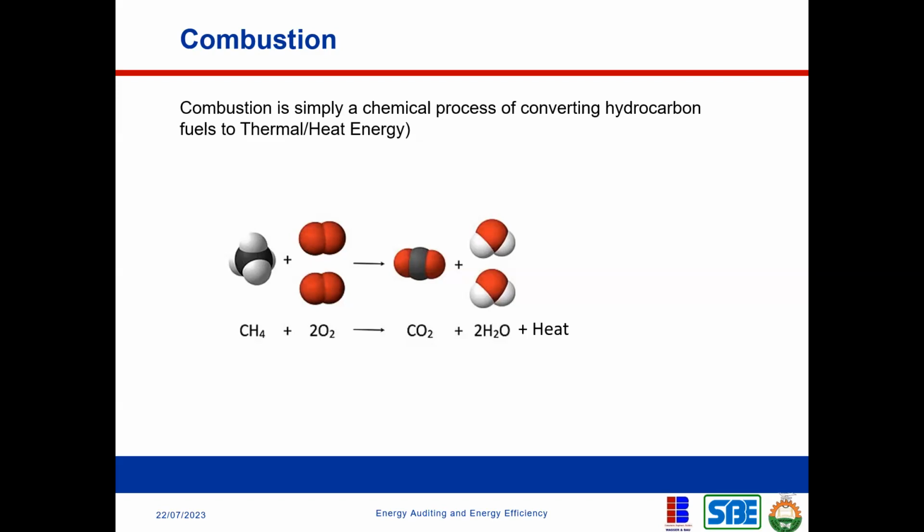And what are the products of combustion? We have carbon dioxide. This is the product of combustion. Then we have water, and the water that comes out is not the kind of liquid water that you see, but water vapor, in the form of gas. And then you have heat as a product of that combustion. What we usually take from this combustion process is the heat. We take the heat and we transform it into another form of energy.